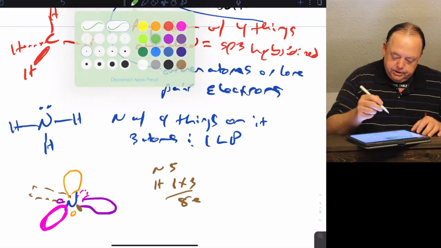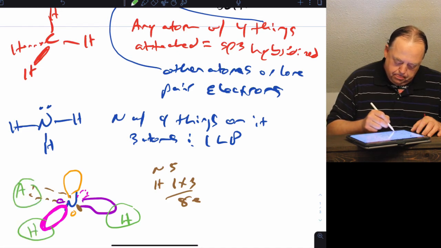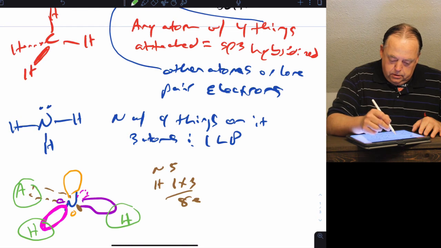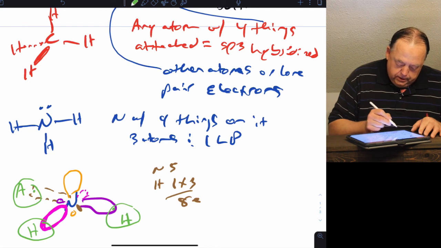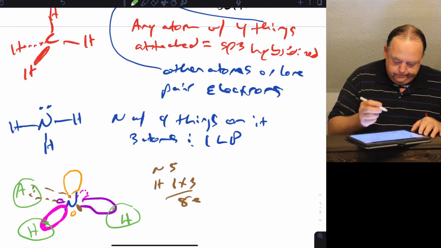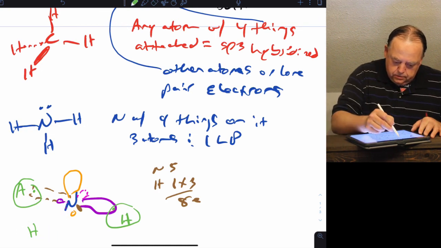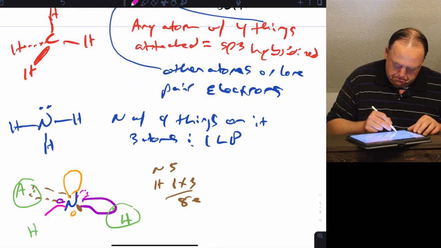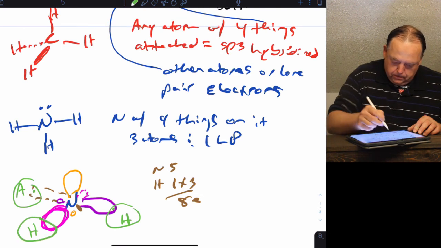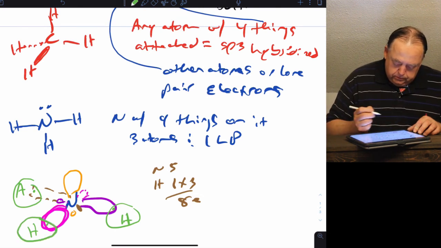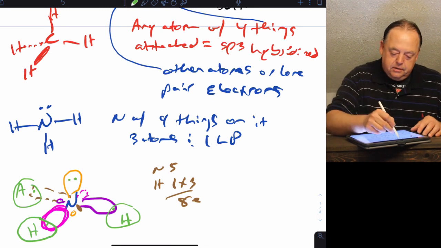So then if we attach the hydrogens to 3 of these lobes, and then put electrons in, nitrogen's got 5, so this sp3 orbital would have a lone pair in it basically.